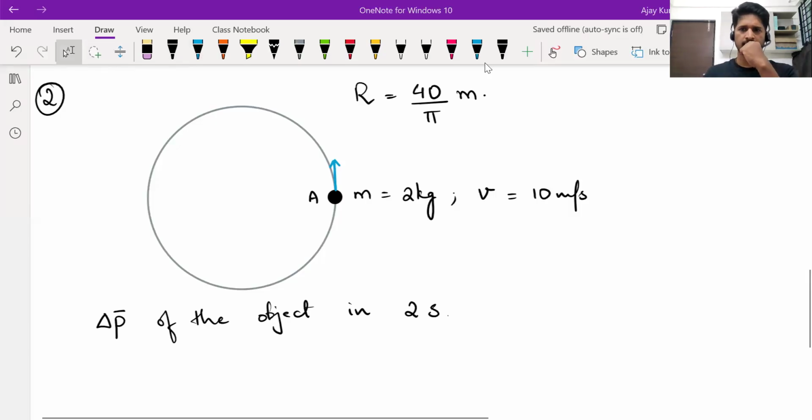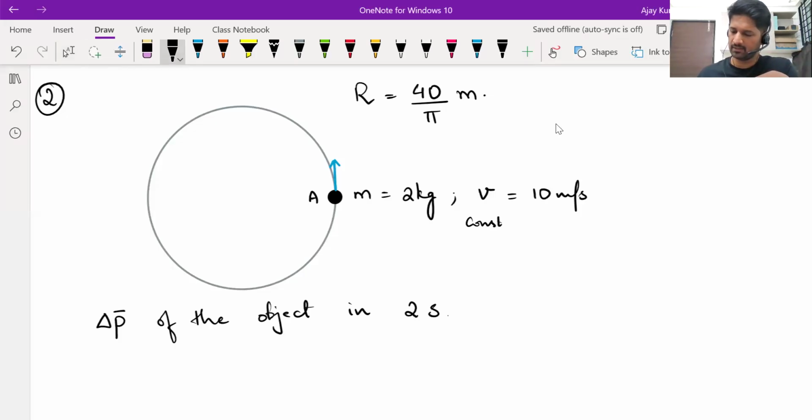Sir, we have to find out the velocity at 2 seconds. We'll have to find its velocity after 2 seconds. How to do that? See, I told you the object is moving with a constant speed. Speed is constant, but since it's moving in a circle, direction keeps on changing, so velocity changes.